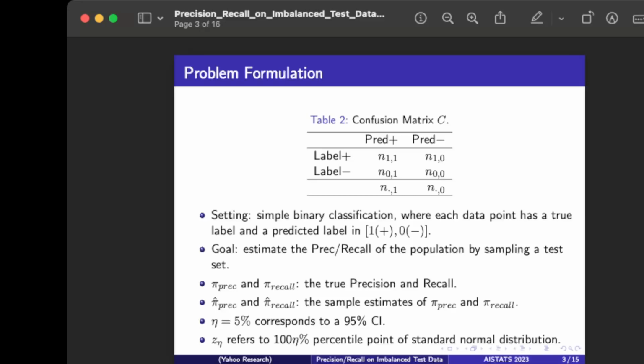We use a confusion matrix C shown in Table 2 to summarize the test data, which reports the number of true positives, false positives, false negatives, and true negatives. We also use pi precision and pi recall to denote the true precision and recall, and pi hat to denote the sample estimates. Eta denotes the confidence level, and z eta is the percentile point of the standard normal distribution.